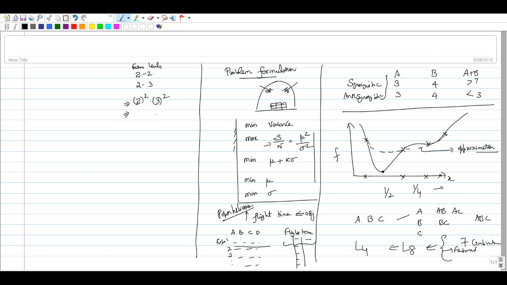So it's basically levels raised to the power of factors. So it's 2 raised to 2 times 3 raised to 2. In this case, it is 4 times 9, which is 36. So if you are using a full factorial design, then you are looking at L36 minimum.